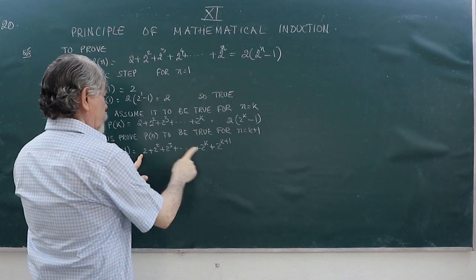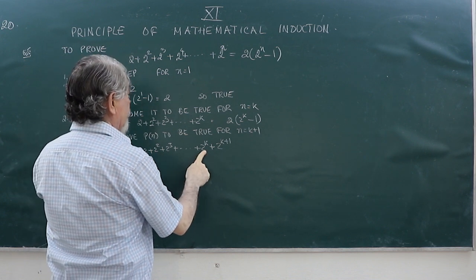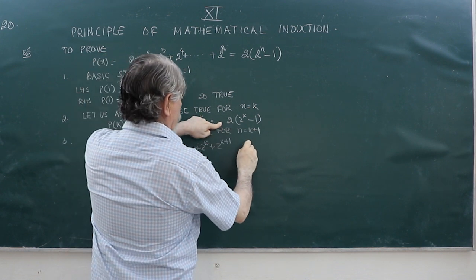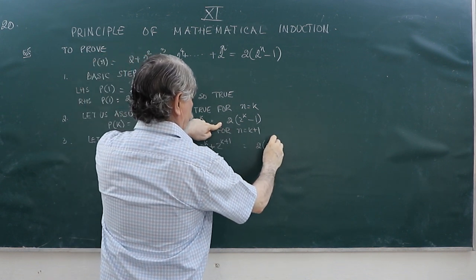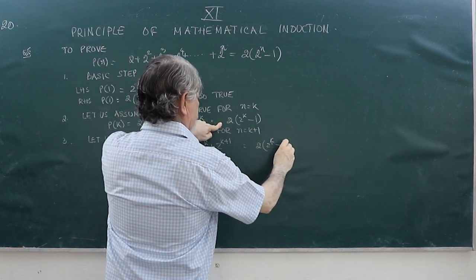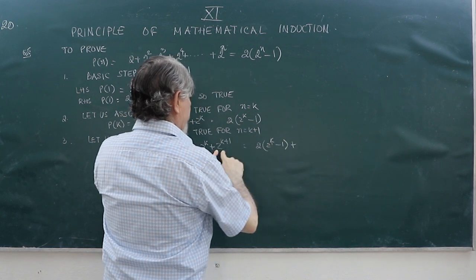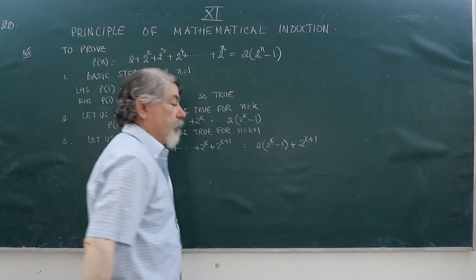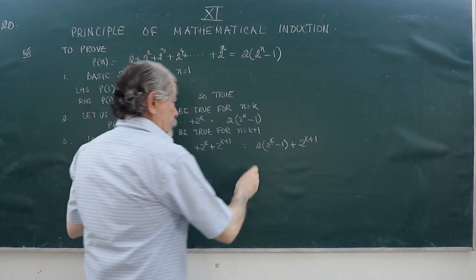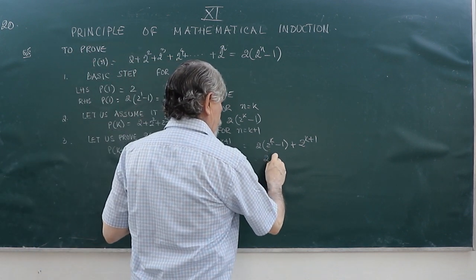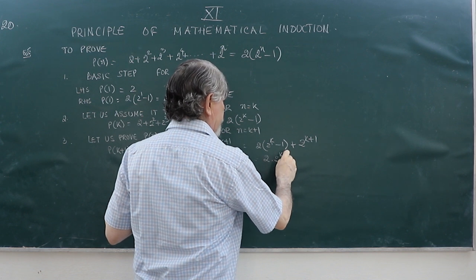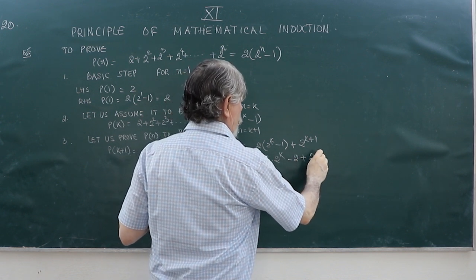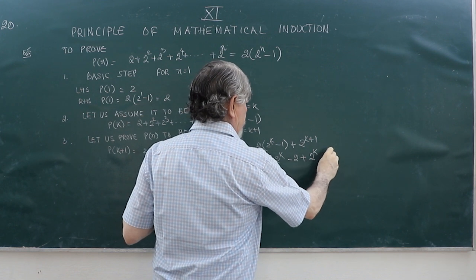The total here is 2 plus 2 squared plus up to 2 to the power k, which is equal to 2 to the power k minus 1, and plus 2 to the power k plus 1. So this is 2 into 2 to the power k minus 2 plus 2 to the power k plus 1.